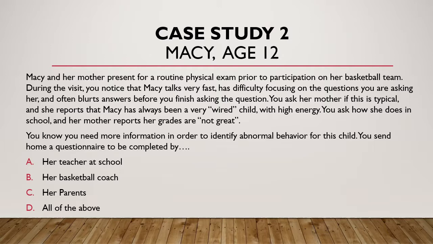You ask how she does in school, and her mother reports that her grades are not great. You know you need more information in order to identify abnormal behavior for this child. You send a questionnaire to be completed by A, her teacher, B, her basketball coach, C, her parents, or D, all of the above? Again, with this scenario, I want you to pick out keywords here, and I'll give you a moment to think about it.